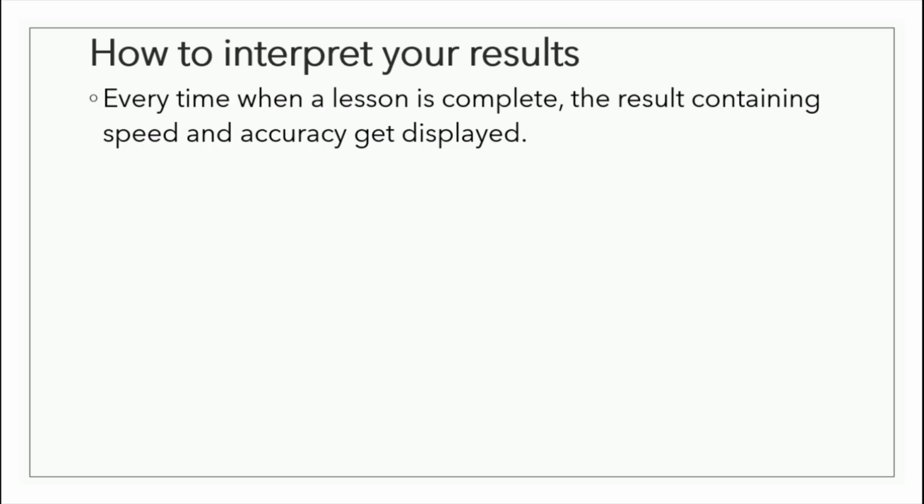So, I am covering here the important topics which you can understand easily, and then you can send your queries to me and I'll answer them in the online class tomorrow. Okay. Every time a lesson is complete, what you get is the result, and the result in terms of typing will be speed and accuracy.